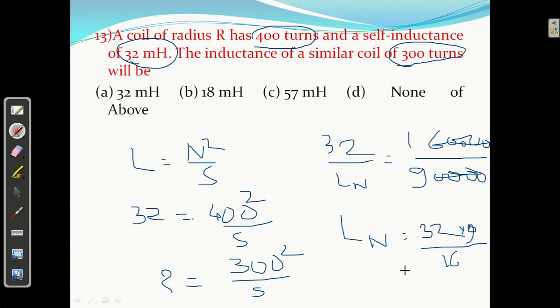So answer is 18 millihenry. Okay, that is the answer.